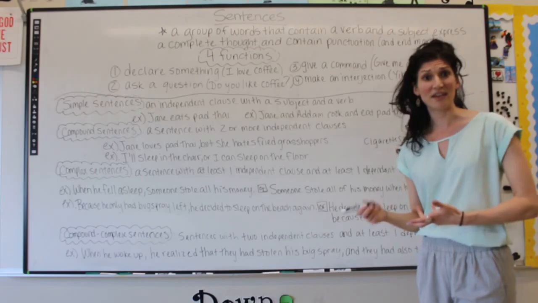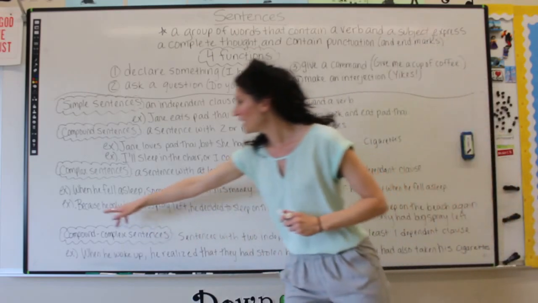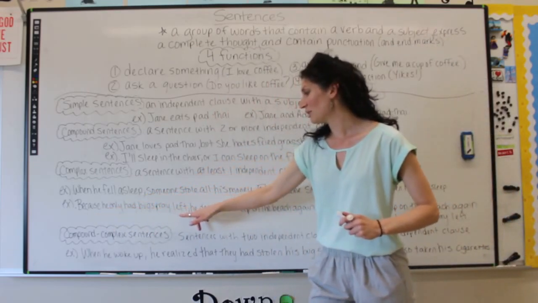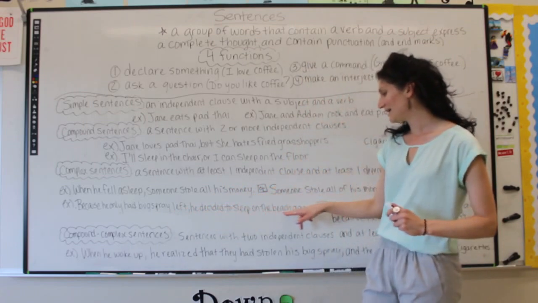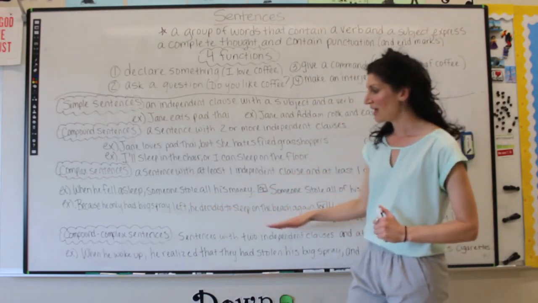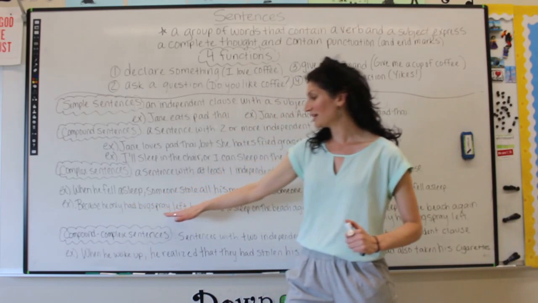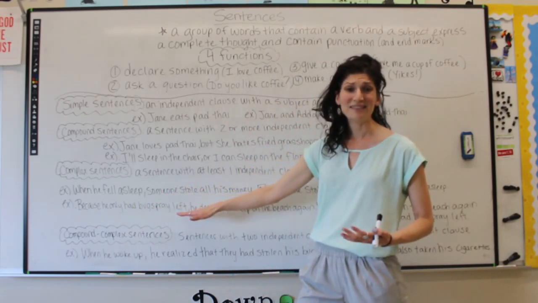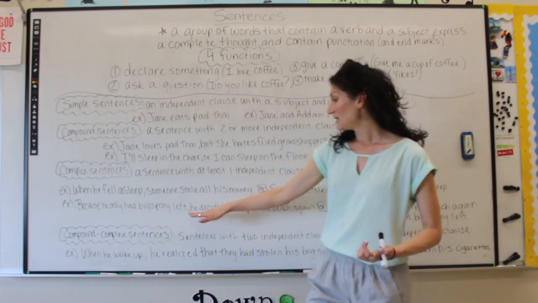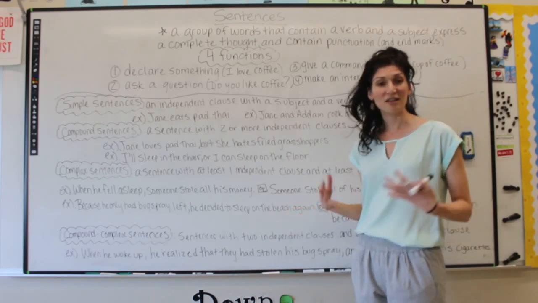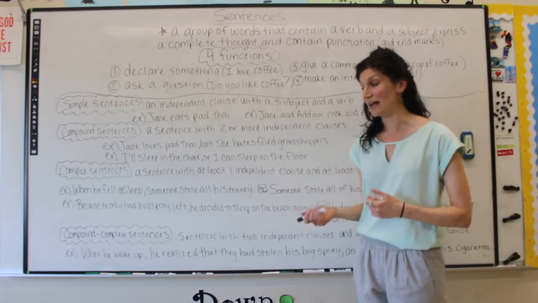Let's take a look at the second example that I have. Because he only had bug spray left, comma, he decided to sleep on the beach again. Again, because he only had bug spray left is my dependent clause. He decided to sleep on the beach again is an independent clause that can stand by itself.